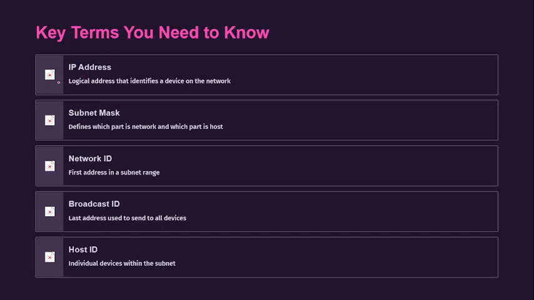Before going to an example, we should know some terminologies like what is an IP address, subnet mask, network ID, broadcast ID, and host ID. All these terminologies you can understand in my previous video on IP address classes. The link is available in the description box.